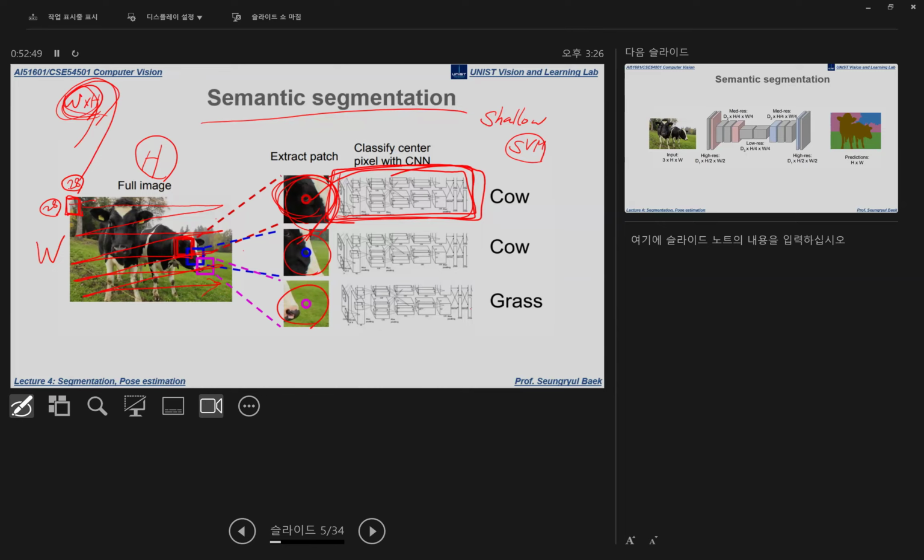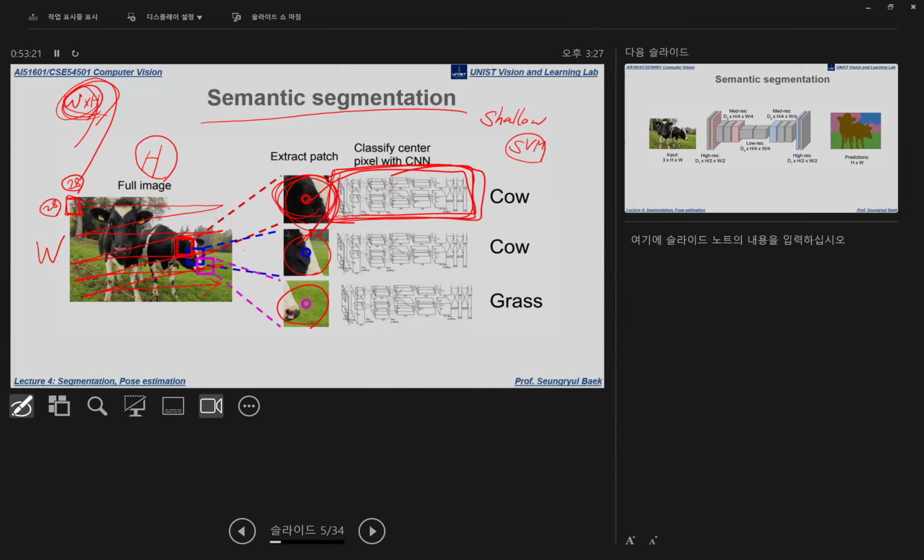So achieving the segmentation for an image may take a few hours using a deep architecture. That is impractical, right? If it takes a few hours for an image, it may be better to do this semantic segmentation by hand.